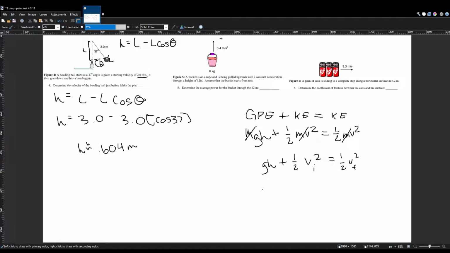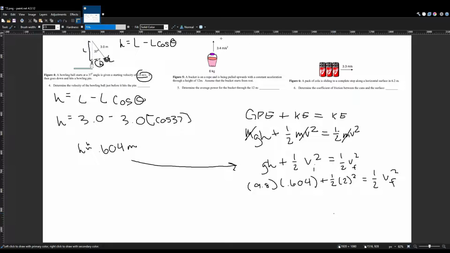So gh, g is of course 9.8. Height we did solve for, so we're going to draw an arrow here, is 2.604, plus 1/2 times 2 meters a second squared, because that's what we're given as our starting velocity over here. We have to factor that in here. And that's going to be equal to 1/2 velocity final squared. And the velocity final is what we're looking for because that's right before it hits the pin.